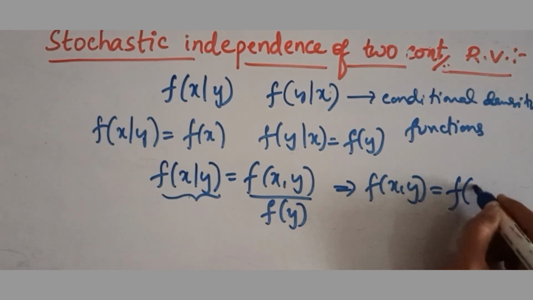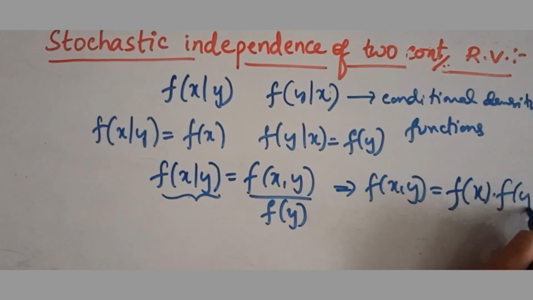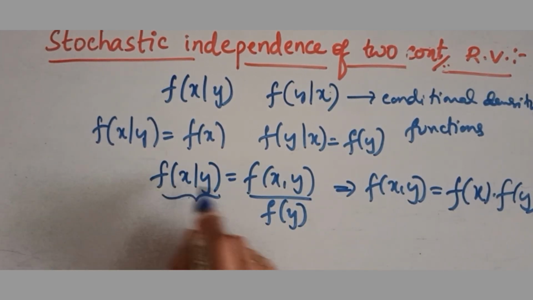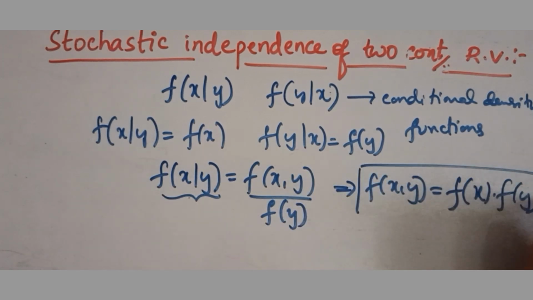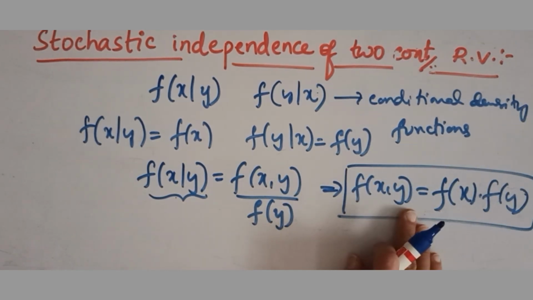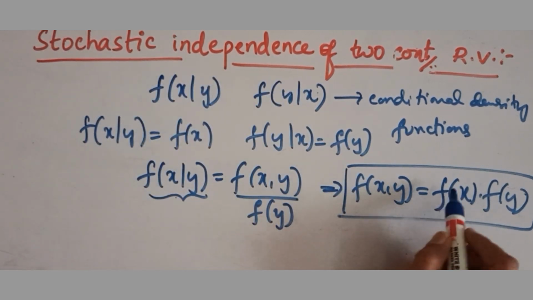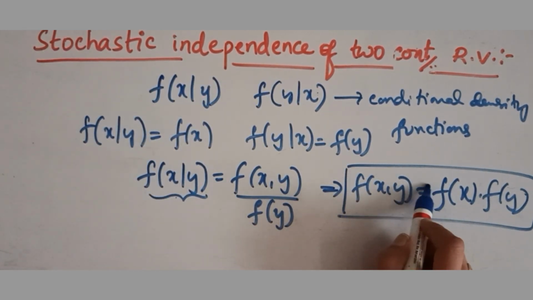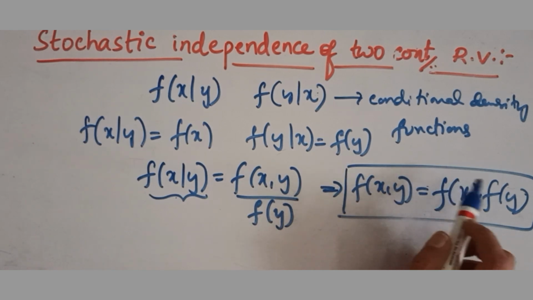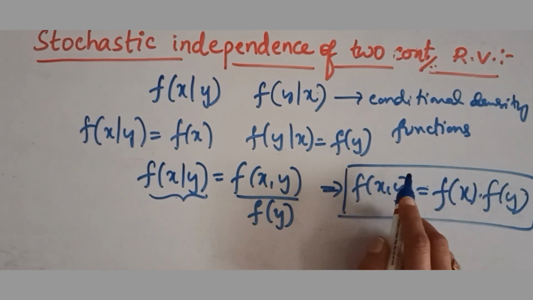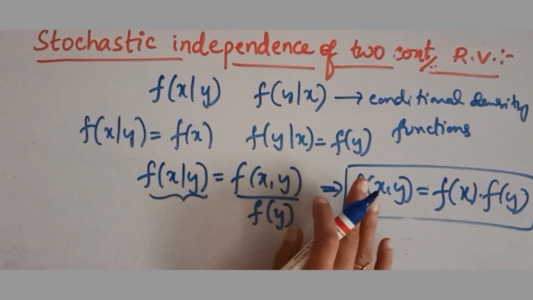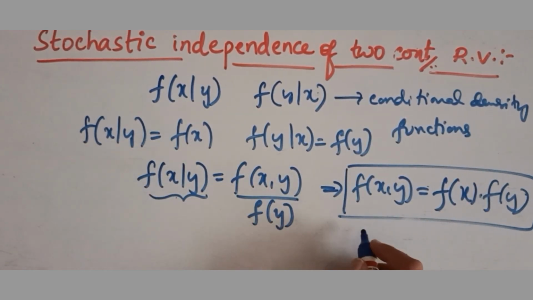Therefore, f of x comma y, cross multiplying, is f of x into f of y. So this is the condition for two continuous random variables to be stochastically independent: the joint probability density function equals the product of their marginal density functions. Then we say that the two random variables are stochastically independent, or just independent.